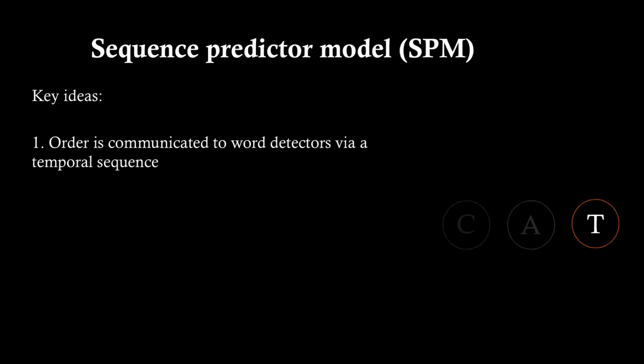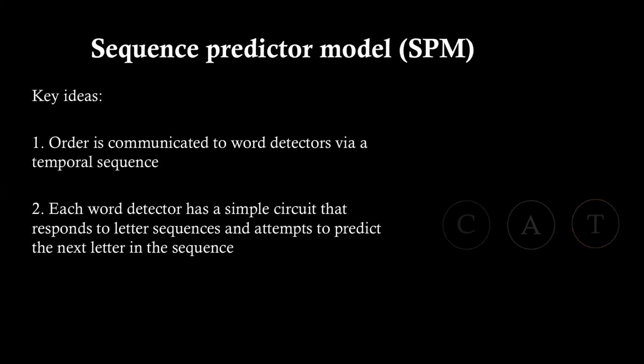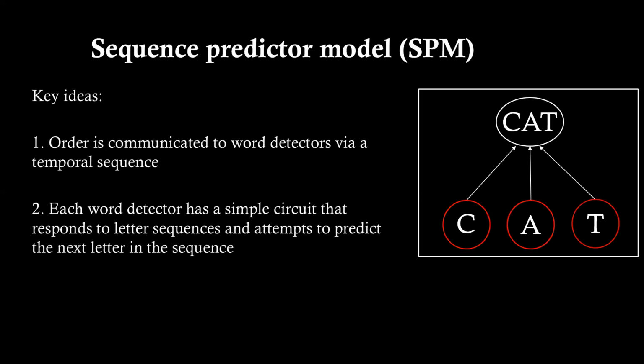And the second key idea is that each word detector has an associated simple circuit consisting of letter receivers, one receiver for each of the letters that should be in the word. And these receivers are hooked up in such a way that activating one receiver causes excitation to be sent to the next receiver.